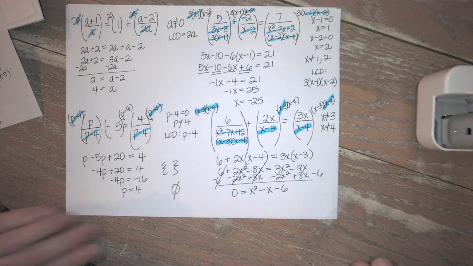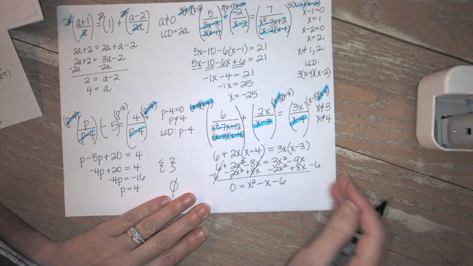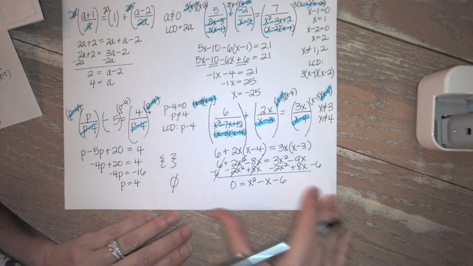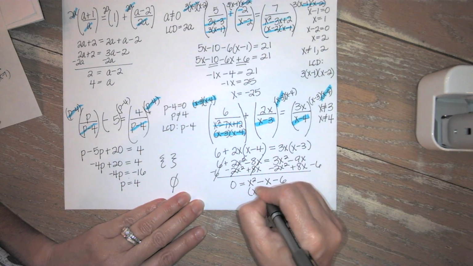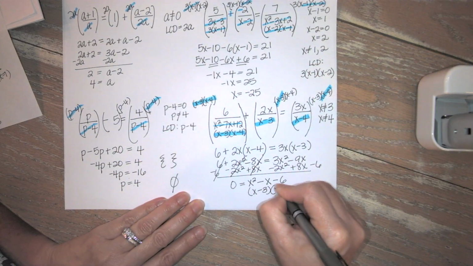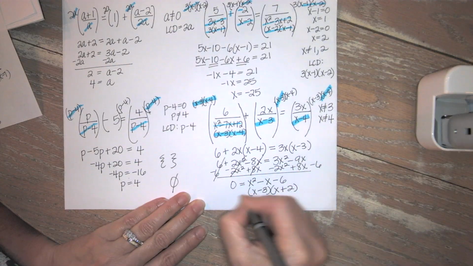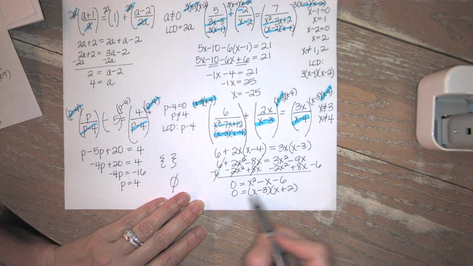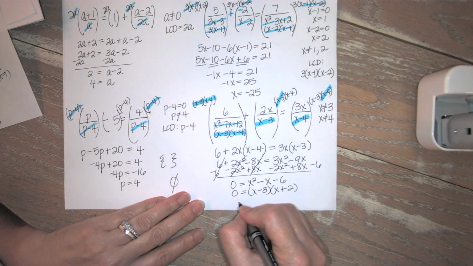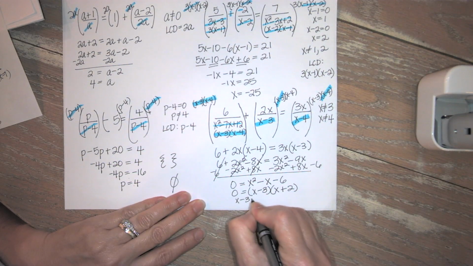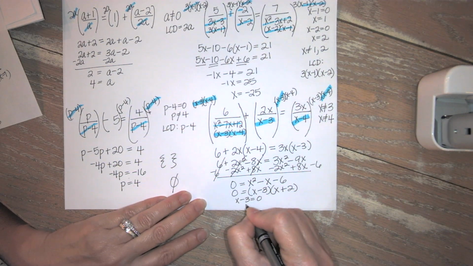And so in order to solve that, we'll need to factor or do the quadratic formula, whatever you prefer. I prefer factoring. That easily factors to x minus 3 times x plus 2. And then using the zero product property, I would know that one of these two factors has to equal 0.